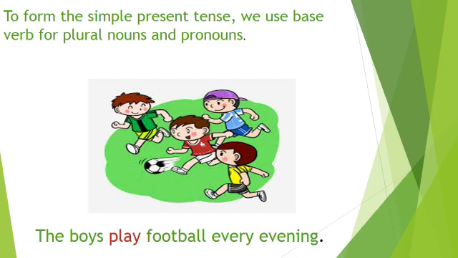Now in this sentence, how many boys are there? There are many boys. Okay? So boys are many. So with many, we will not add any s to the verb. We will leave the verb as it is. Like play. In this sentence, play is our verb. So we will not add any s or es with play. We will leave it as it is.